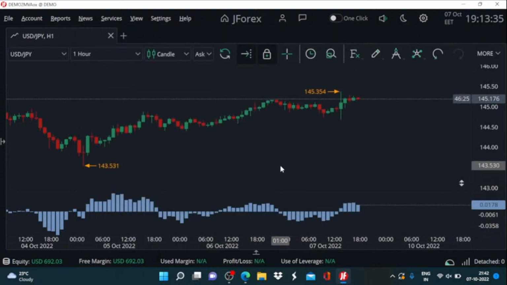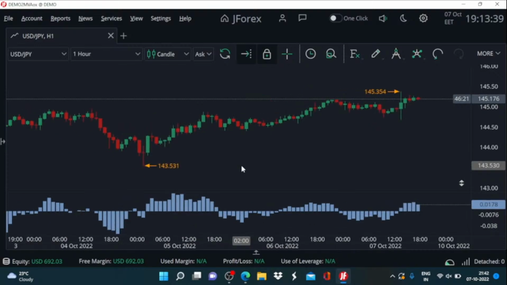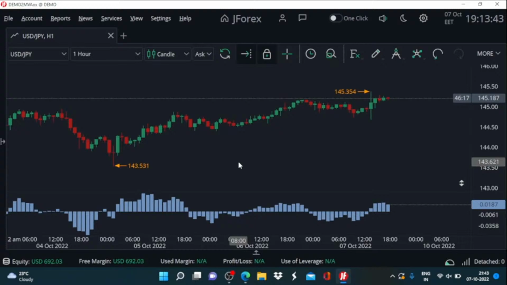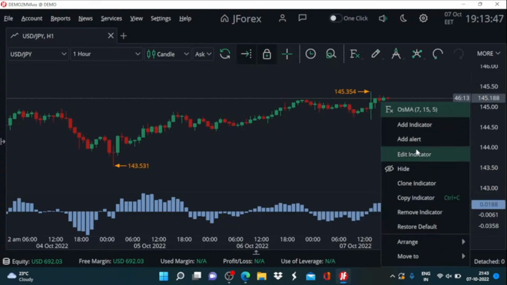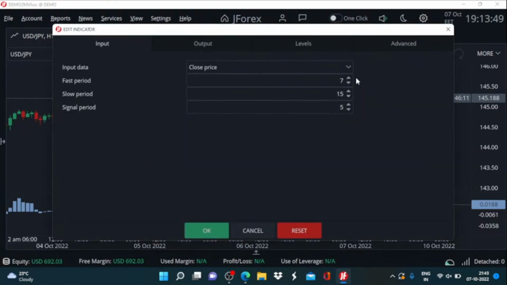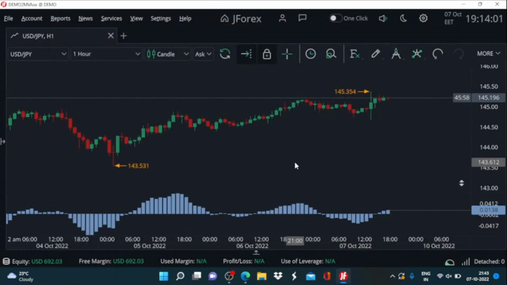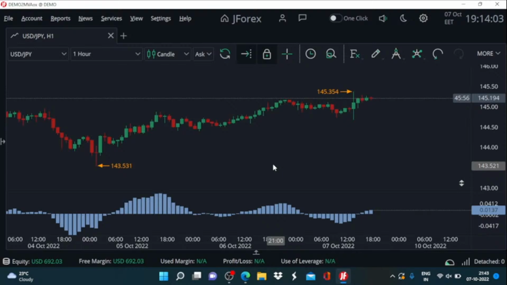You will have a lot more frequency of these signals generated using the lower time frame output values. Now I will restore it back to the default. Alright.